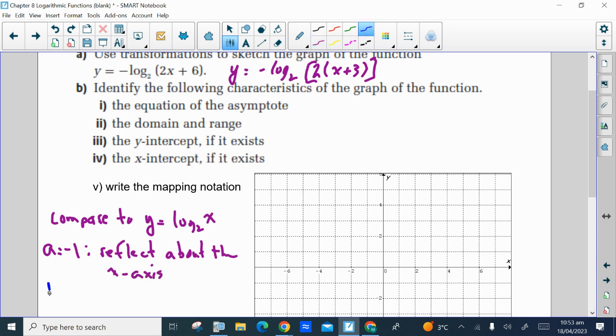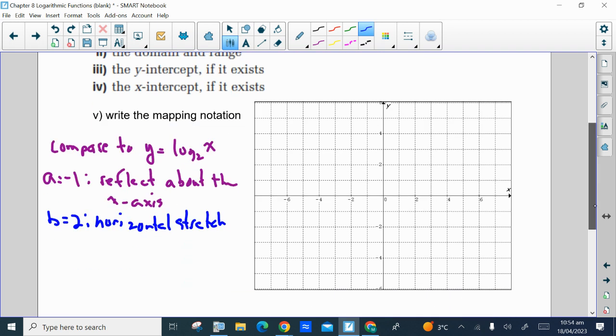We have a b value of positive 2, which is going to cause a horizontal stretch. And remember, you must state that the stretch is about the y-axis.